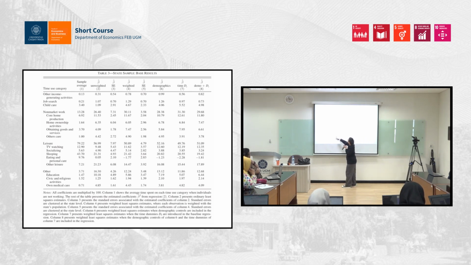And column 3, okay, column 3 is presenting the standard error associated with the estimated coefficients of column 2. Okay? So here you can see what I was telling you before: to know if this estimate, which comes in the second column, is significant or not, you have to look at the standard error.